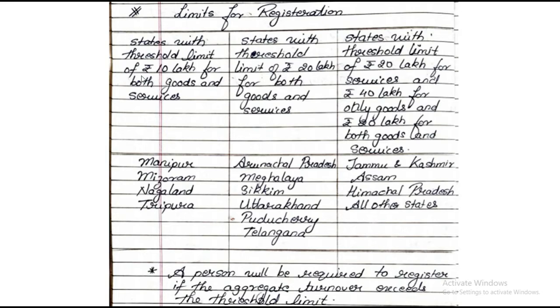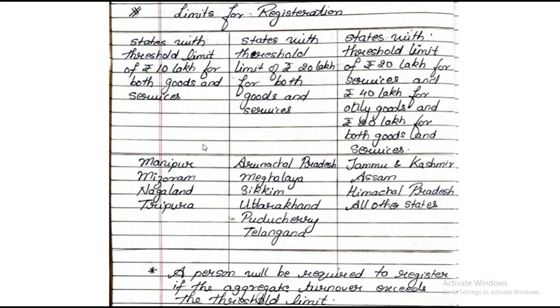If the question is based on a supplier residing in any of these four states, then the threshold limit is 10 lakh for goods and services. So keep in mind MMNT: Manipur, Mizoram, Nagaland, and Tripura.